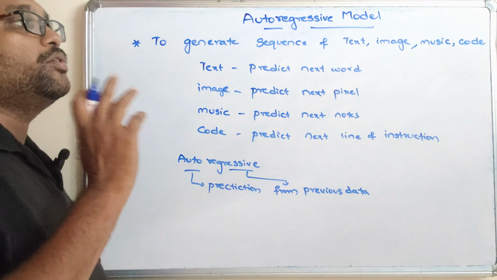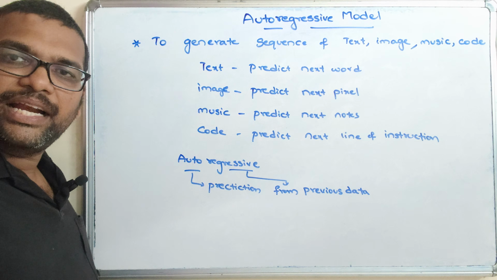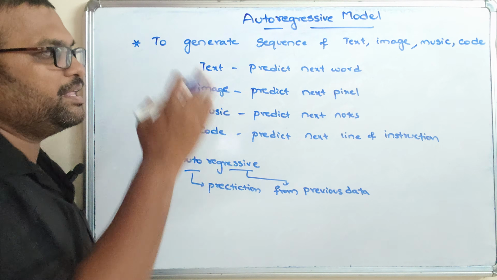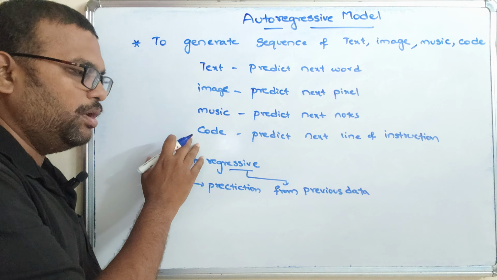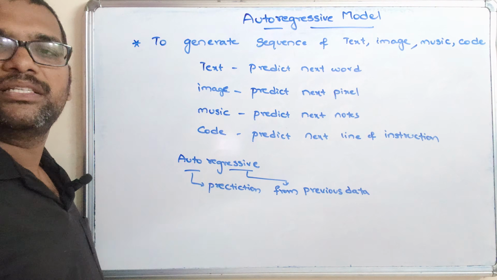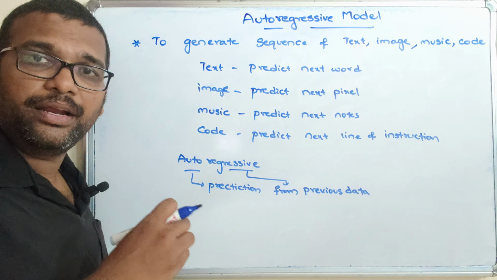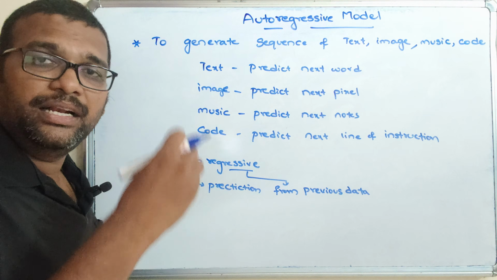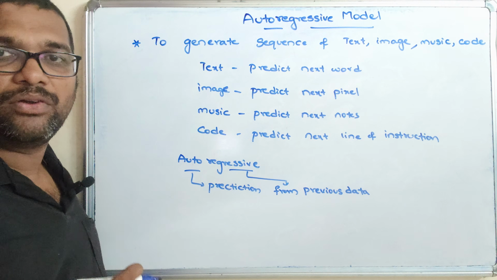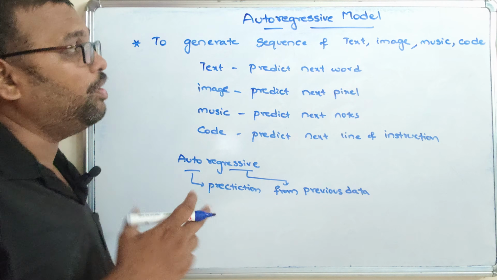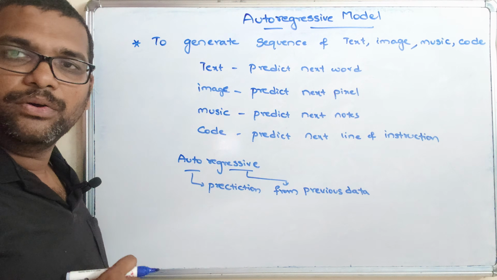So this auto-regressive model will be generating the sequence of either text or image or music or code from the previous data. Whatever input we are giving, from that input data, it will be generating the next sequence. So that is the working of the auto-regressive model.